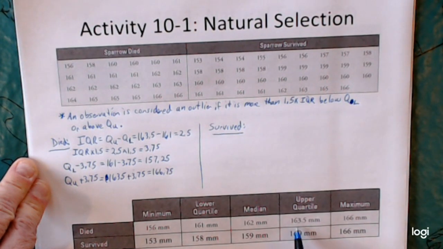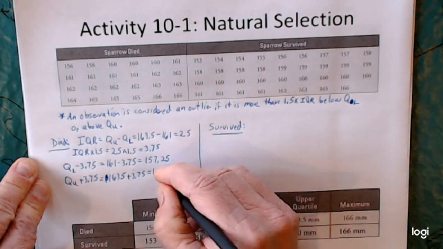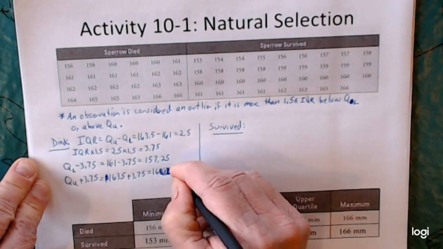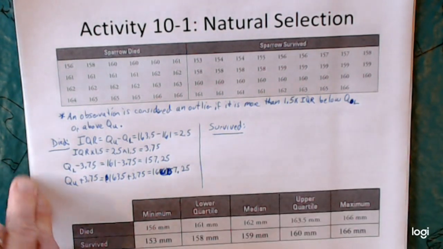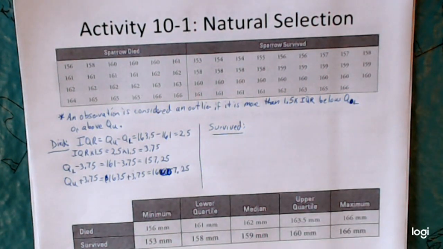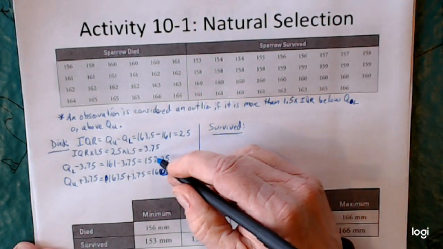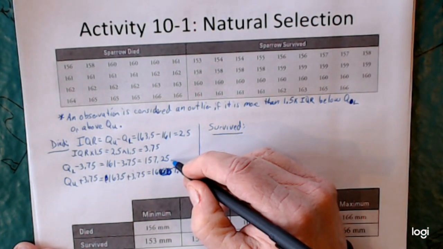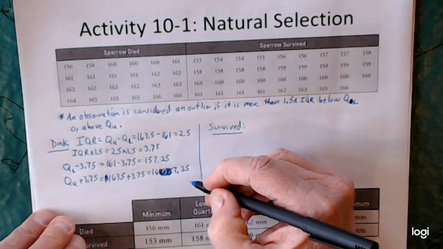No, I didn't. 163.5 plus 3.75 is 167.25. Okay, better. So that's our measure of extreme. If an observation is below 157.25 or above 167.25, then it's considered an outlier.